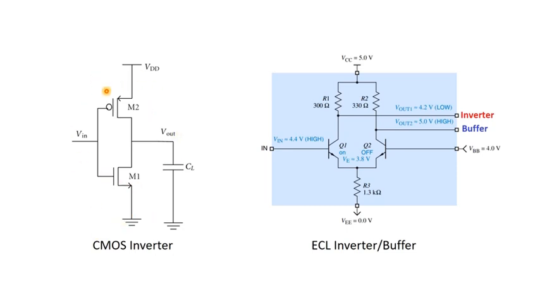So, is there any way to take the advantages of CMOS logic circuits as well as the advantages of bipolar logic circuits, combine them together and get another superior logic family? So, let us see that.